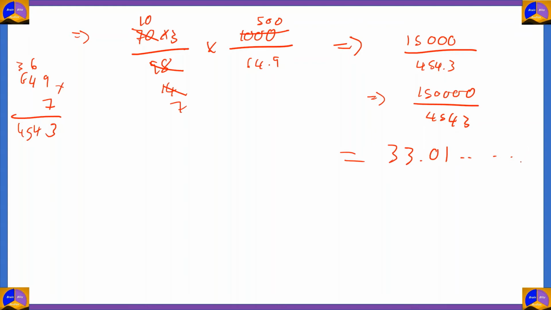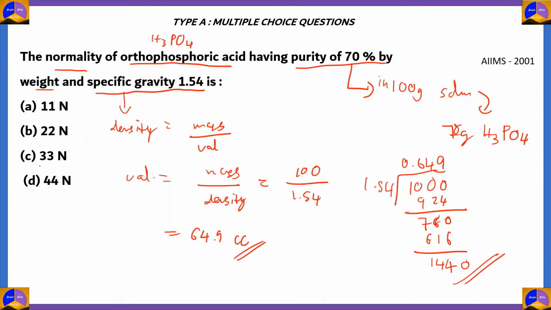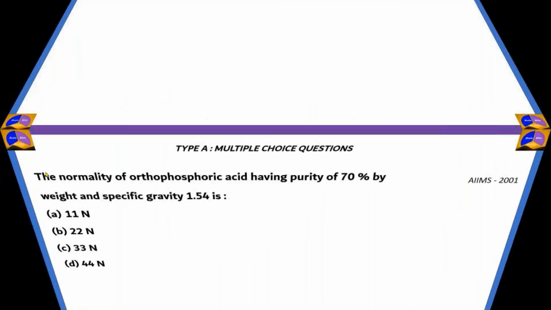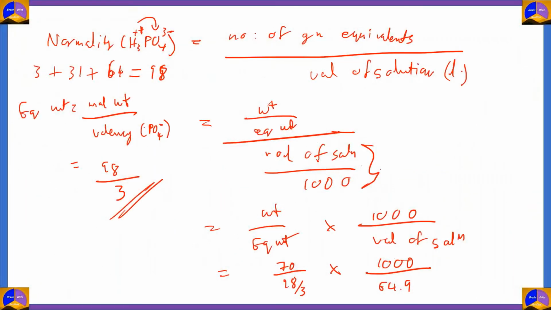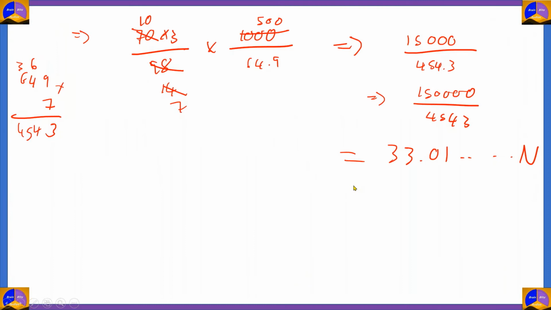So the closest value to 33.01 right now in our options is 33. So we can write 33, option C, as our right answer. So our final answer is 33 normals.